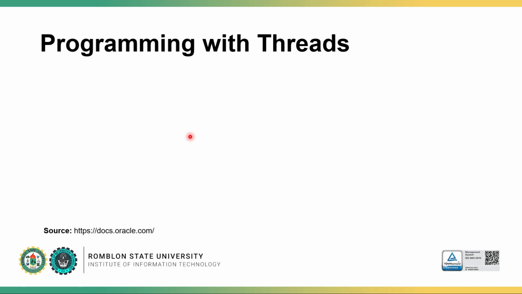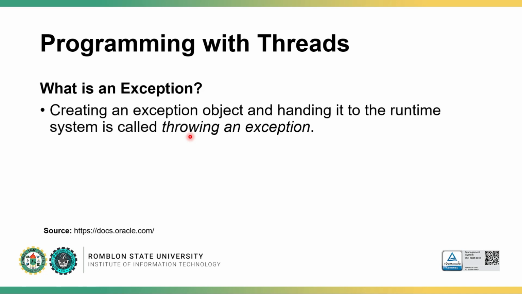I'll give you an example later. Creating an exception object and handing it to the runtime system is called throwing an exception. So throwing an exception happens when errors are encountered. Instead of closing the application, it throws the error to the command prompt and identifies what the error is.